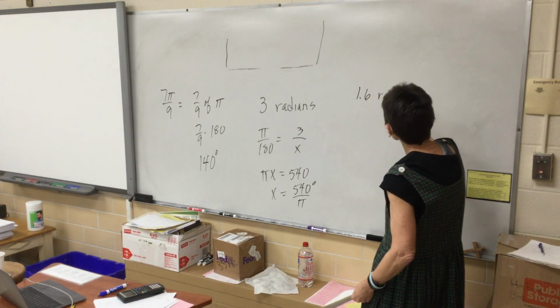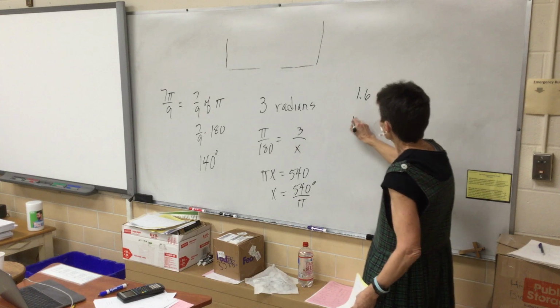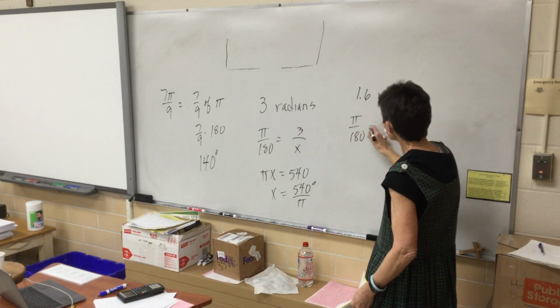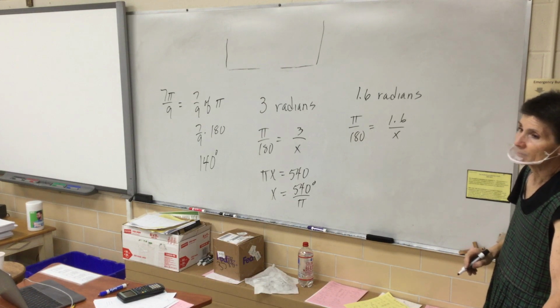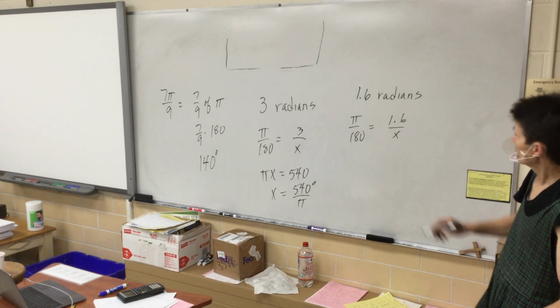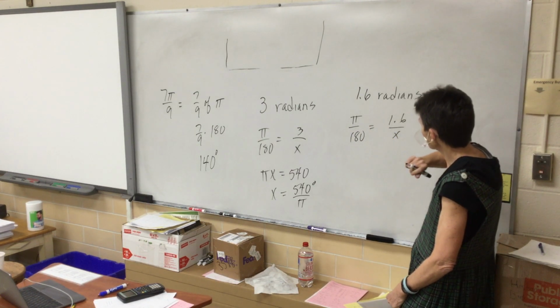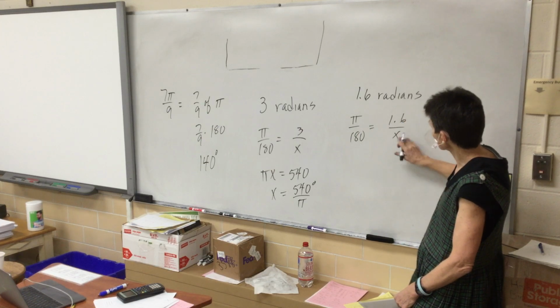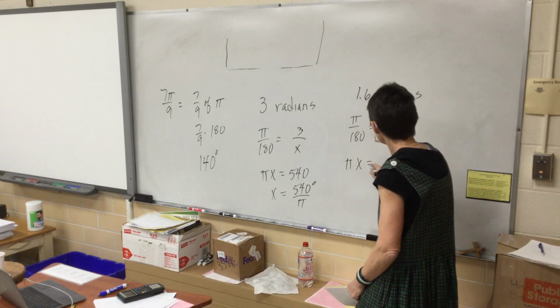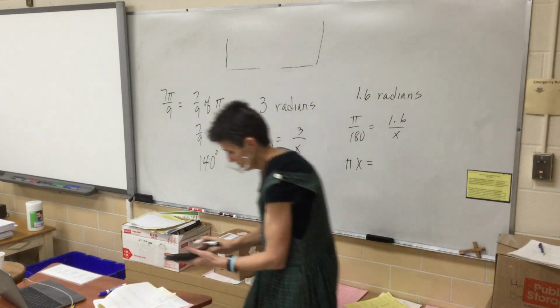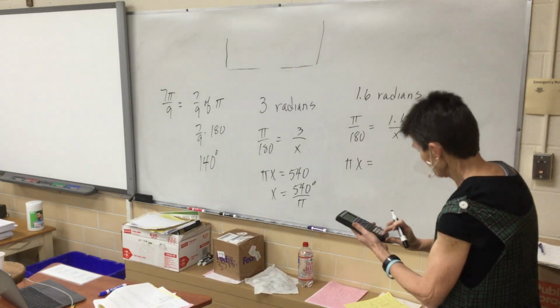1.6 radians. Pi is to 180, as 1.6 is to x. That's the question. Pi radians is 180 degrees, so 1.6 radians is how many degrees? You can use your calculator for the arithmetic.